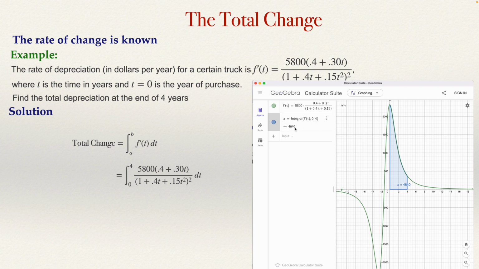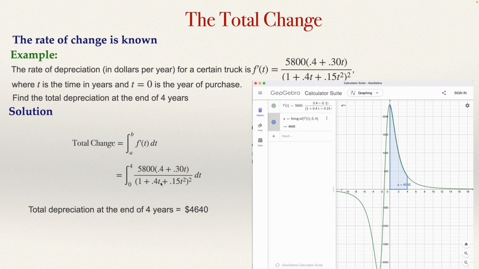I get 4640. The total depreciation at the end of the 4 years will be $4,640, and that's it.